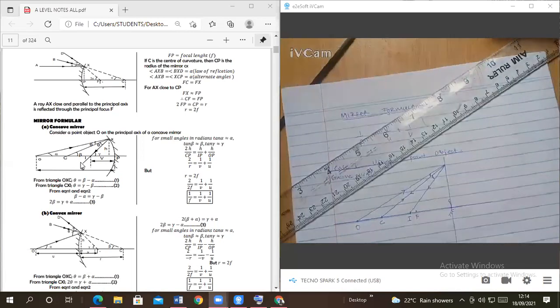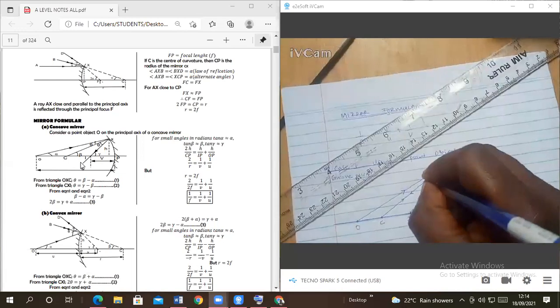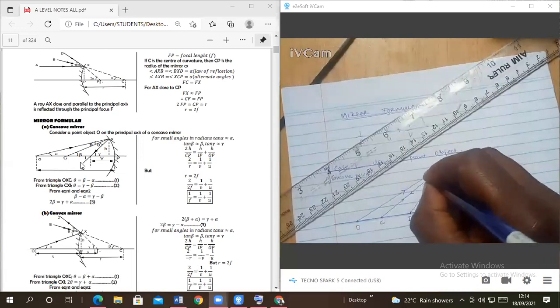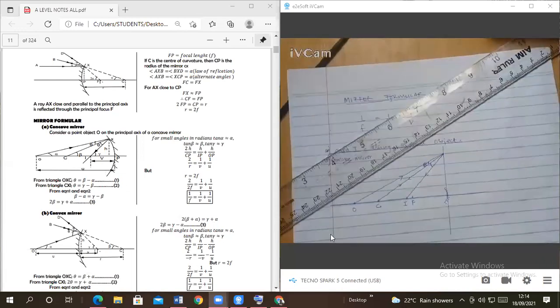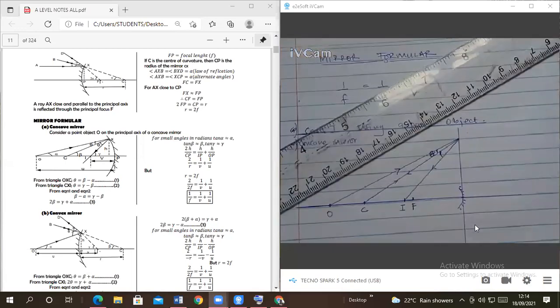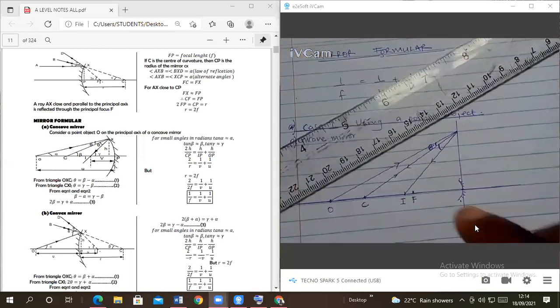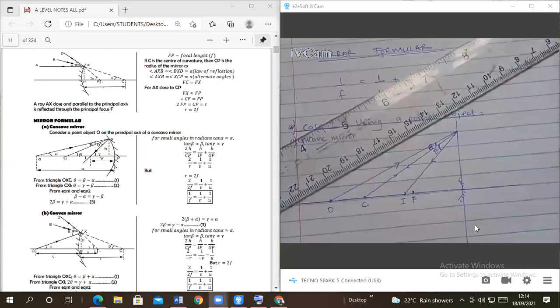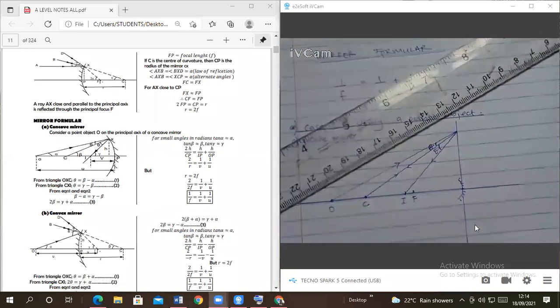So if this angle is theta, then it means that, let me zoom in there very well, also this angle is theta. Okay.